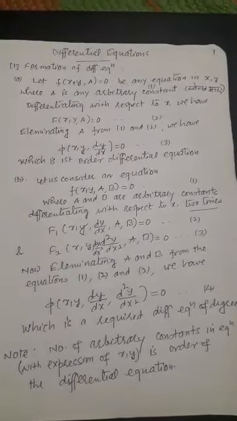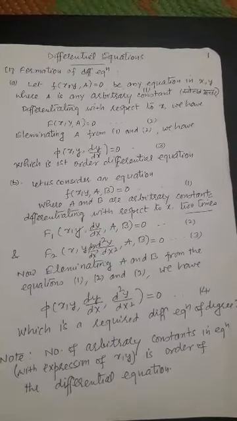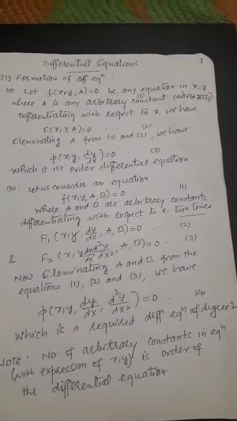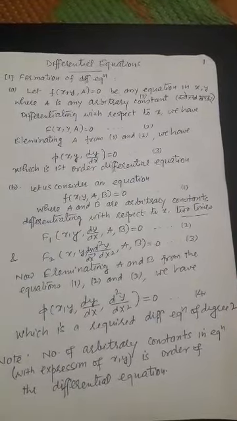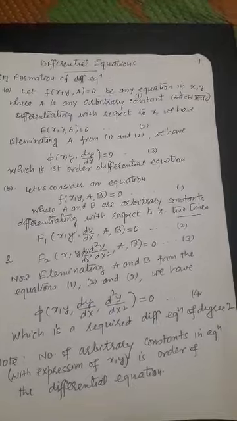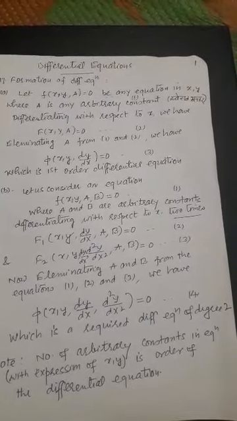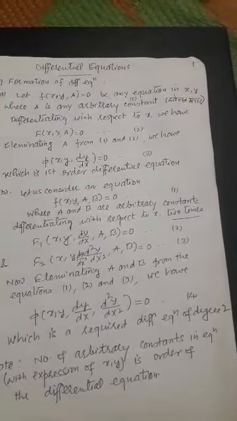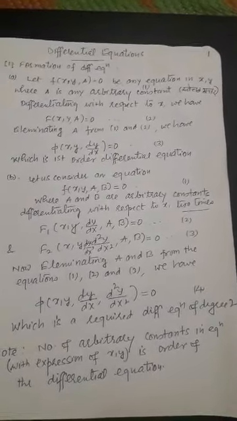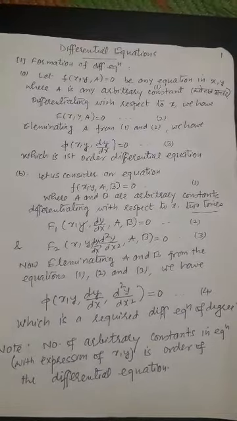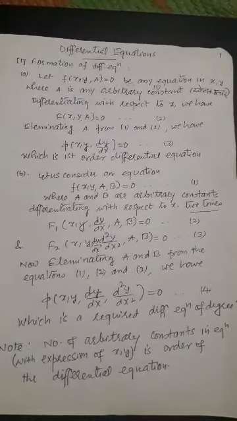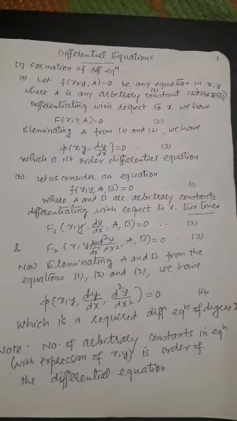Now differentiating two times with respect to x, then we have two relations: f1 of x, y, dy by dx, a, b equal to 0, and f2 of x, y, dy by dx, d square y by dx square, a, b equal to 0.